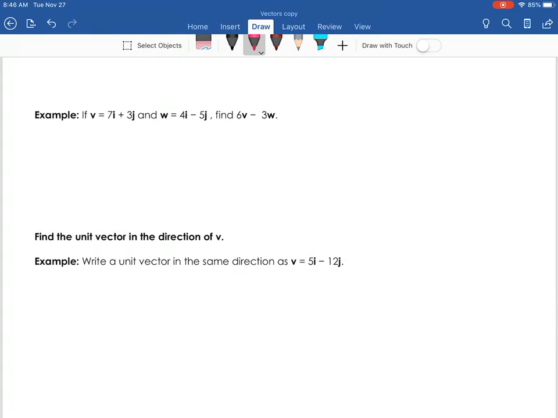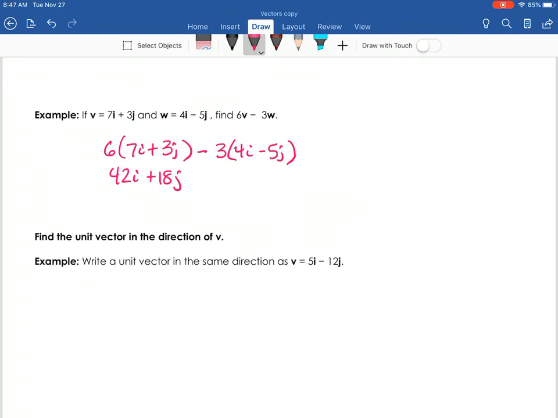Okay, for this one, I want to take 6V, so I'm going to take 6 times 7i plus 3j, and I want to subtract 3 times W. So first we're going to distribute the 6 and the 3. Again, it's not a polynomial, but you can use the same rules like you're doing a polynomial, okay? So this would be 42i plus 18j.